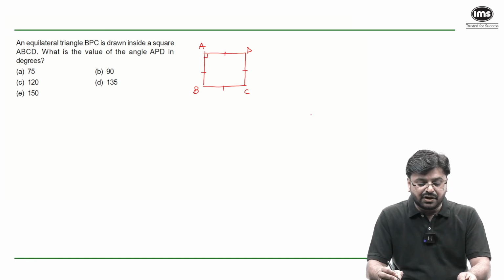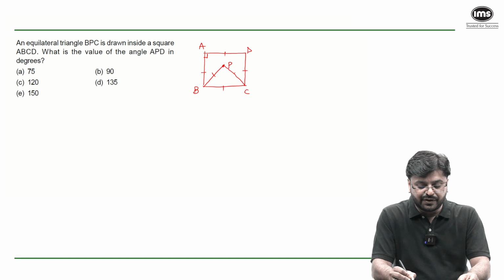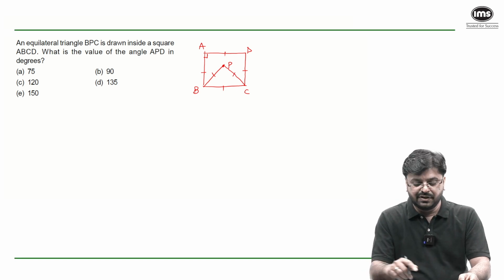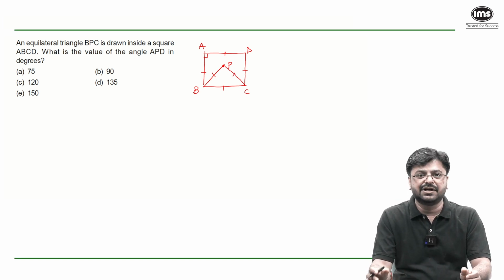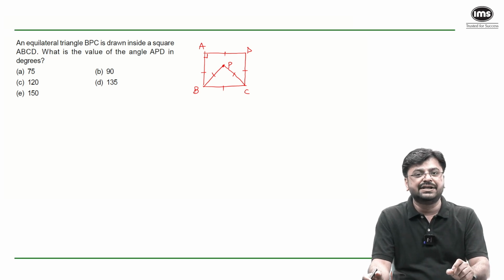Now, if we draw an equilateral triangle BPC inside this, that means there's a point P and BPC is an equilateral triangle. In an equilateral triangle all 3 sides are equal, which means all these given sides are equal. Remember, this point P will lie inside the square and not on side AD.